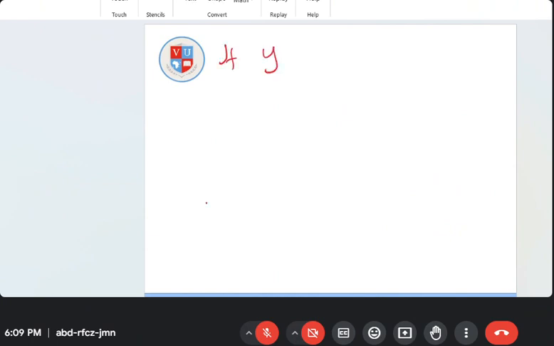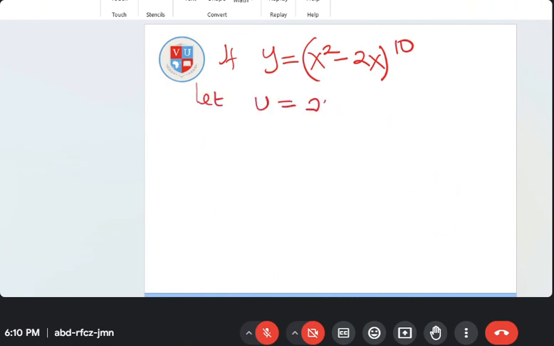If y equals (x squared minus 2x) to the power 10, like I mentioned earlier, what I always need to do is let u be x squared minus 2x, such that my y becomes u to the power 10 if I substitute. Does that make sense?